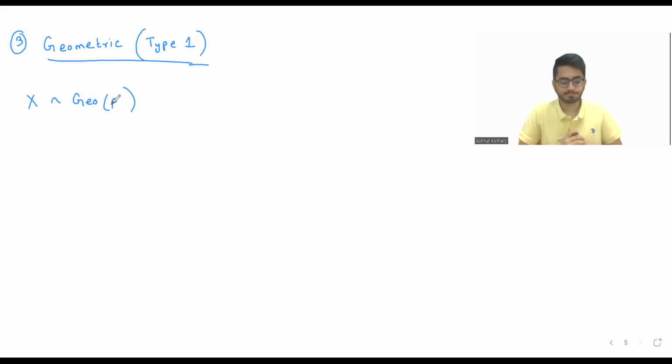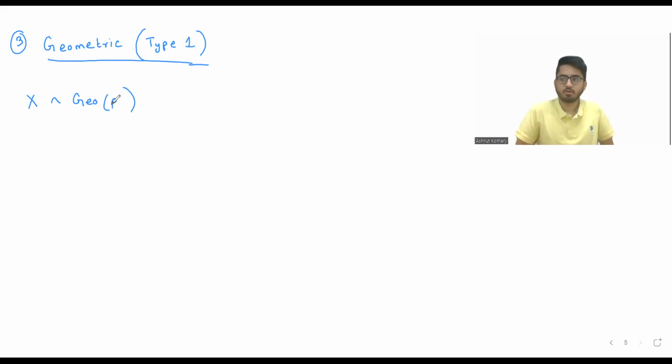So now write down this first. Consider a sequence of independent and identical Bernoulli trials where probability of success is p. Full stop.